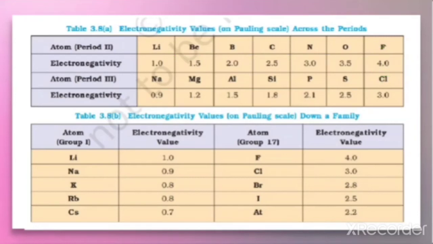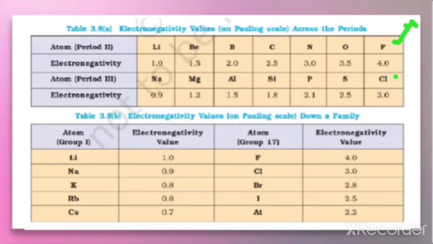But when you compare the third period elements, that is sodium, magnesium, aluminium, silicon, phosphorus, sulfur, chlorine, you can find that chlorine has a value of 3, which is less than 4. So we can conclude that fluorine has greater electronegativity compared to chlorine.